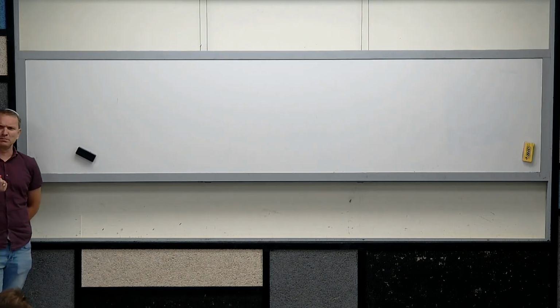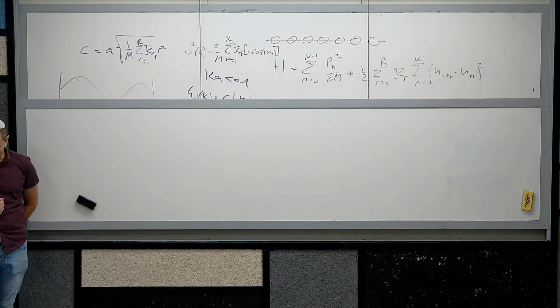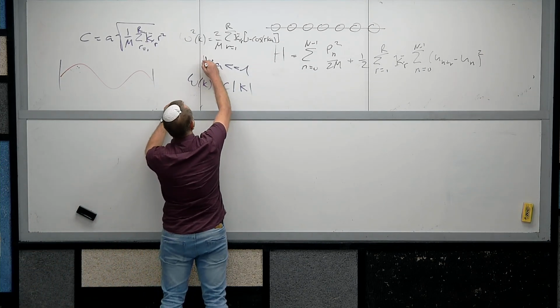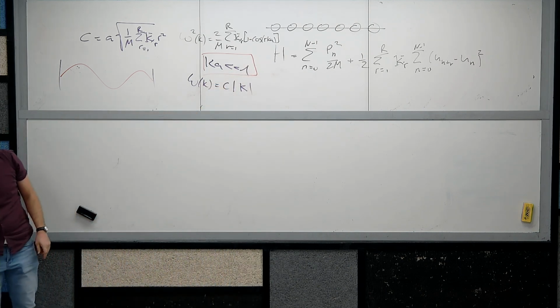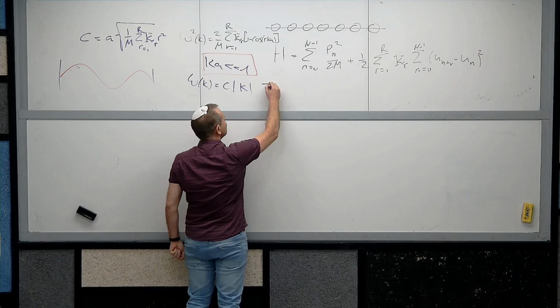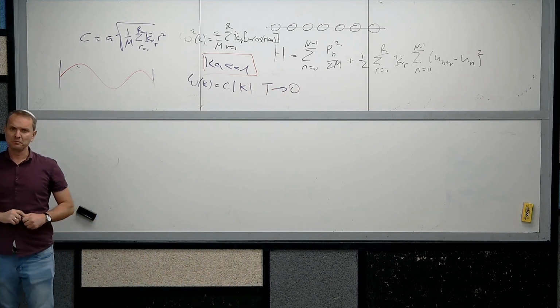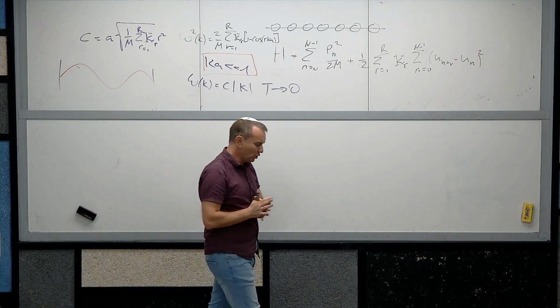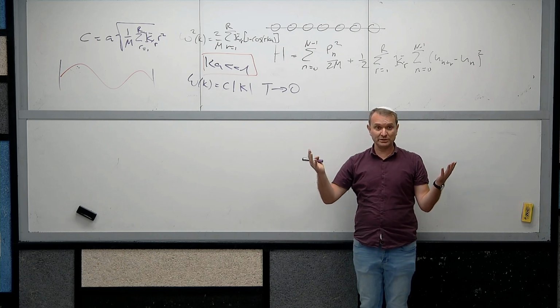Now, there was a claim why I need only small k's, etc., and the claim was, actually, this limit of ka smaller than 1 is the dominating limit in the low temperature limit. Basically, when I'm looking at the system at low enough temperatures, this macroscopical behavior suddenly appears. Right?